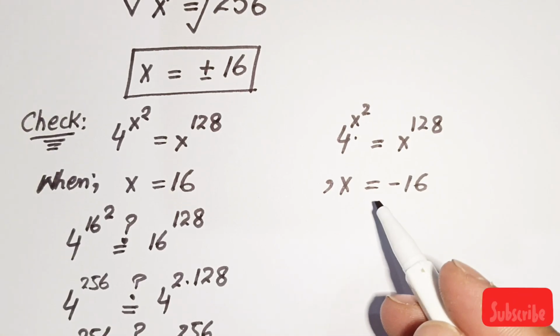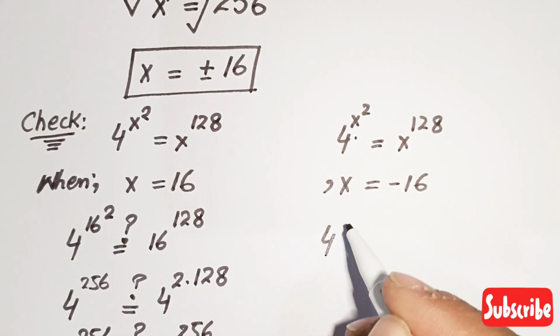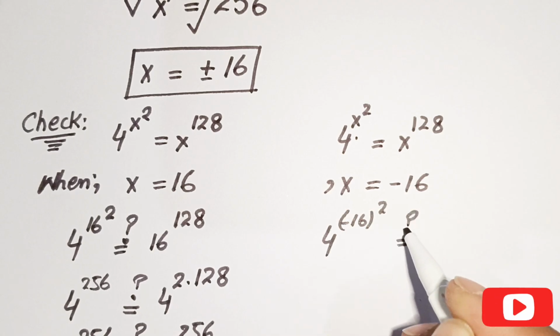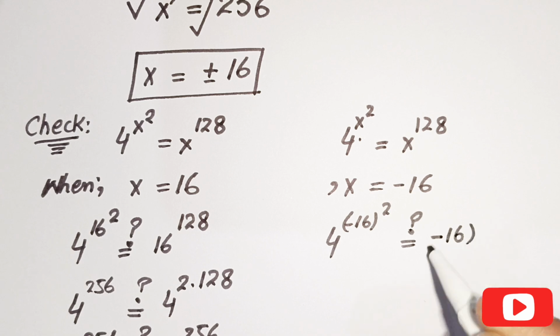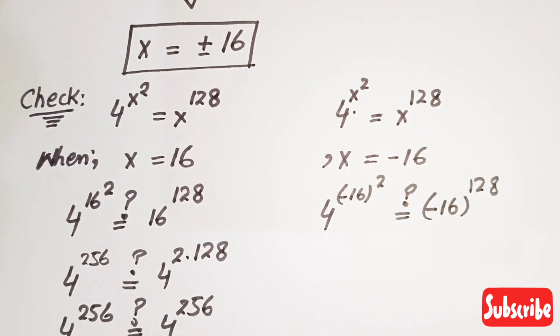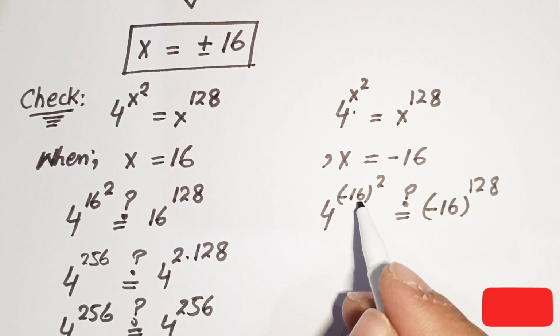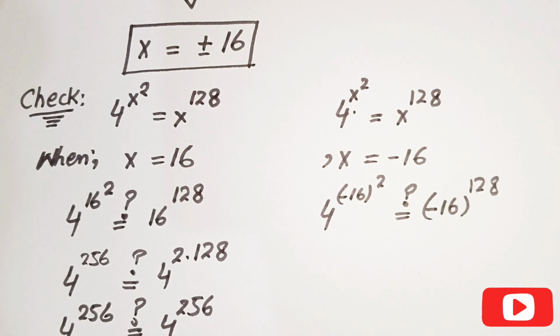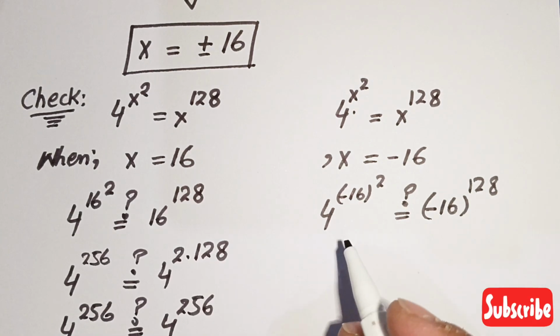So now if we put x equal to minus 16, then it will be 4 to the power minus 16 whole squared, that is equal to minus 16 whole to the power 128. Now here minus 16 whole squared means 2 is an even number, so the power of 16 is positive.